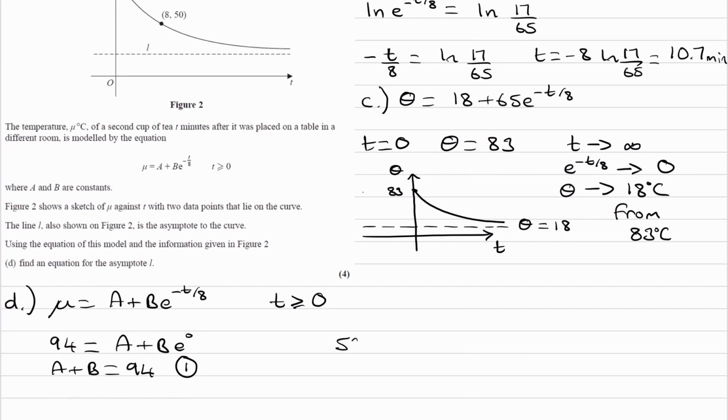So 50 is mu. That's equal to a plus b e to the minus 8 over 8, or e to the minus 1. And e to the minus 1 is the same thing as 0.36788. So this equation becomes a plus 0.36788b is equal to 50. I'll call that equation 2.